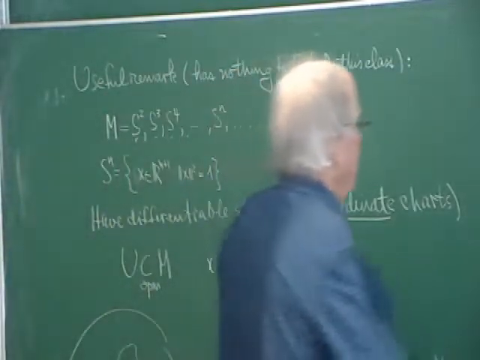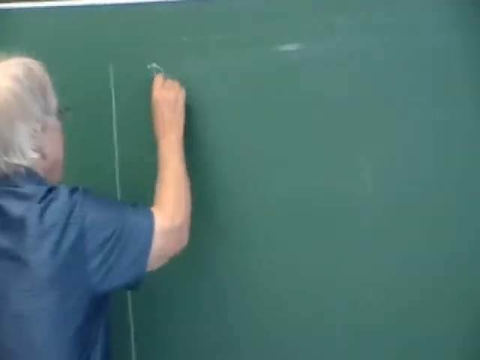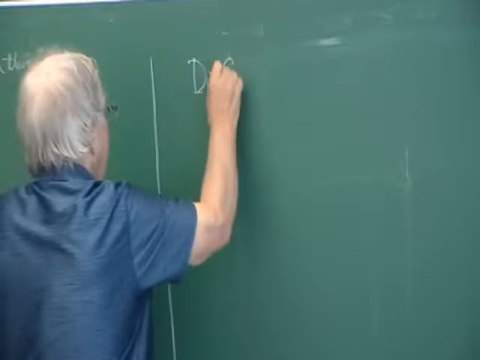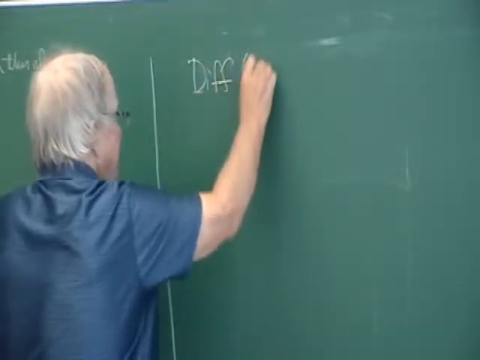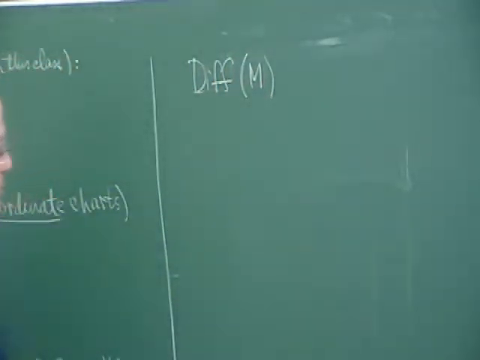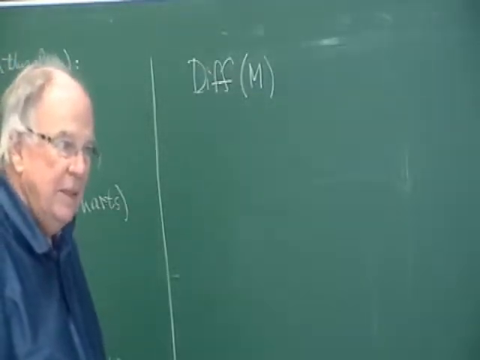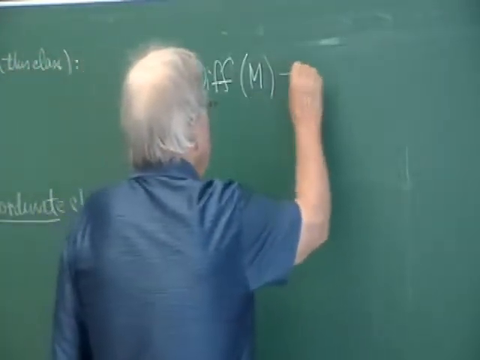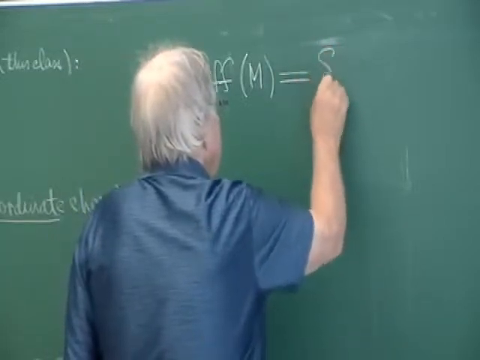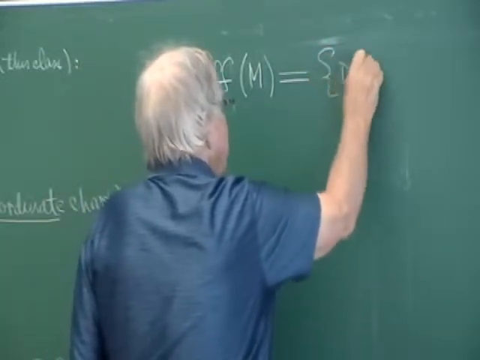And when you have such a thing, you have something called Diff(M). Okay. Now this is the set of diffeomorphisms of M, it's a group.